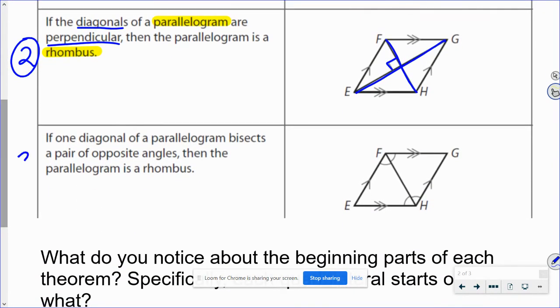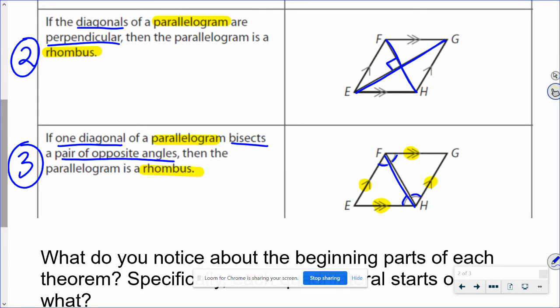And way number 3 to prove it's a rhombus, if you have just one diagonal of what's already established as a parallelogram. All right, so we've got our parallel sides, and we only have one diagonal splitting those angles. It's bisecting them, bisecting a pair of opposite angles, just like that. It's splitting them into 2 equal angles.